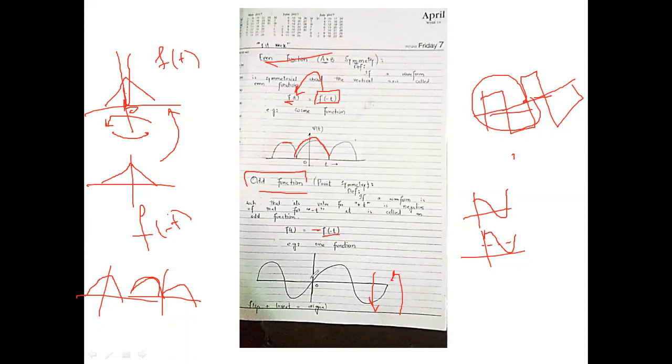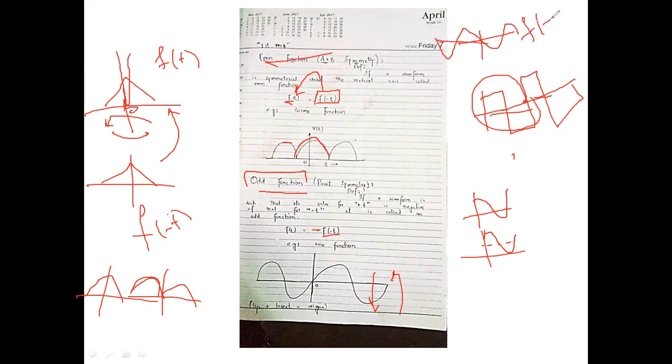The example is this sine function. If we flip it, we will get a function like this, but this is f of minus t only.